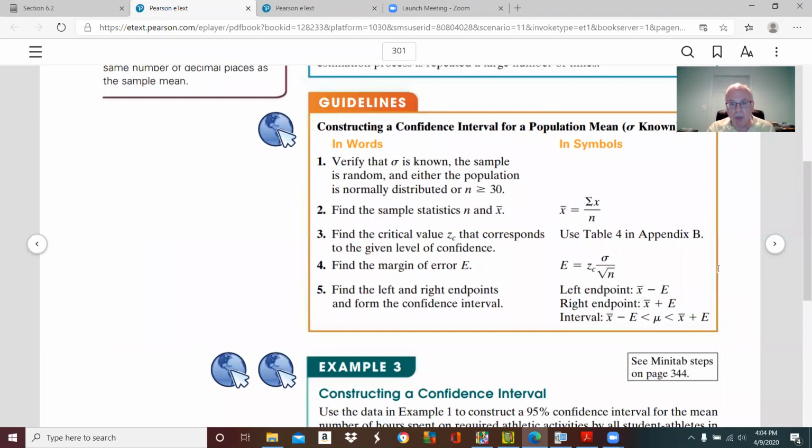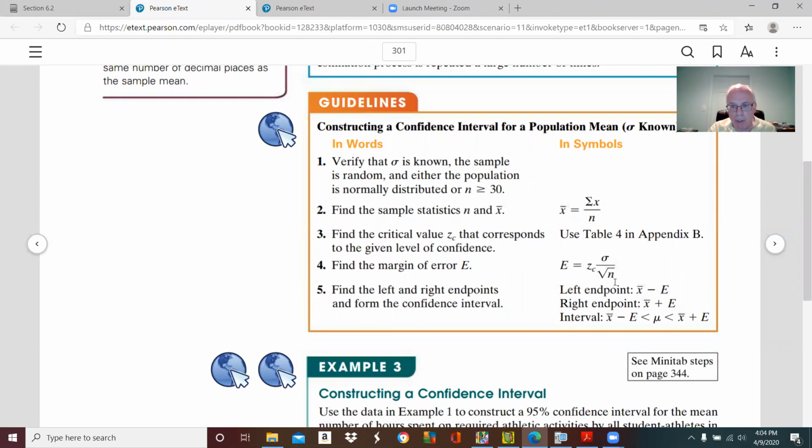In 6.1, if we happen to know the population standard deviation, the margin of error is calculated this way. Z here is what's called a critical value, and sigma divided by the square root of n is called the standard error, or the standard deviation of the sampling distribution of sample means.